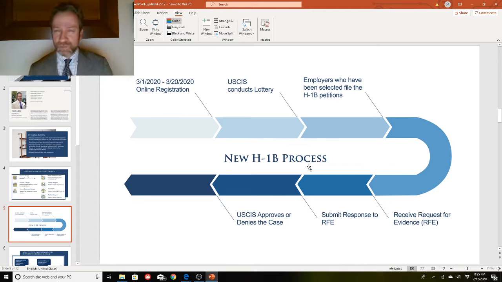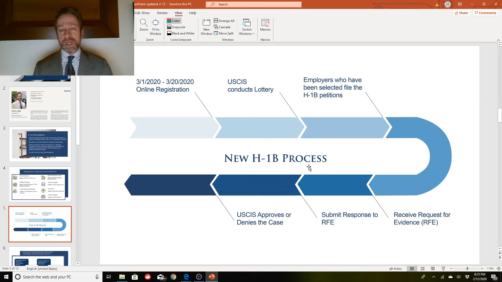Then, after April 1st, the employers will be able to file the H-1B petitions, the actual H-1B applications, starting on April 1st. And there will be at least a 90-day period in which the employers can file the H-1B visas.